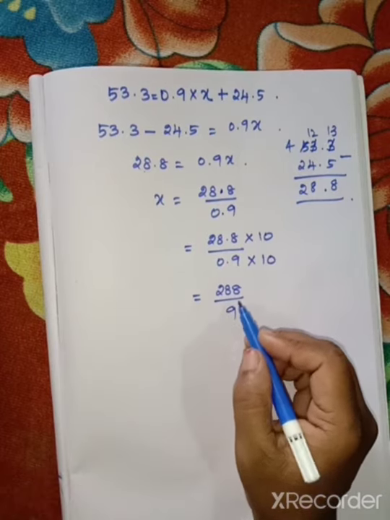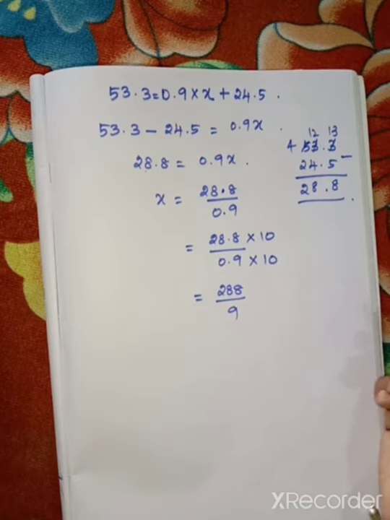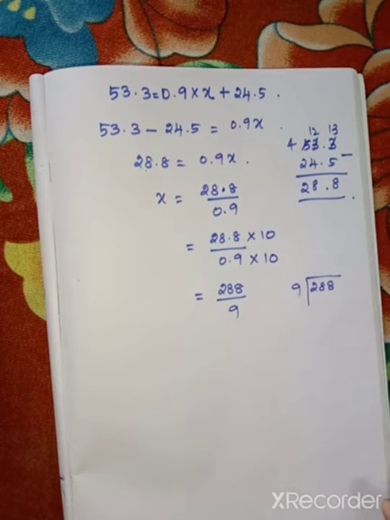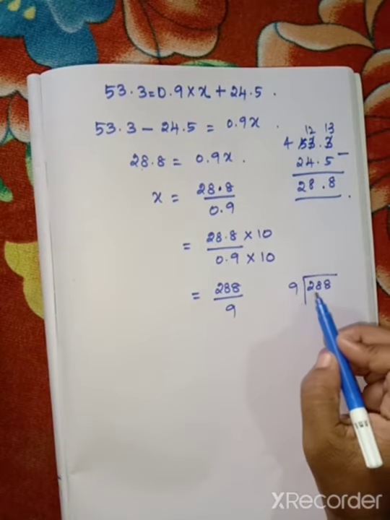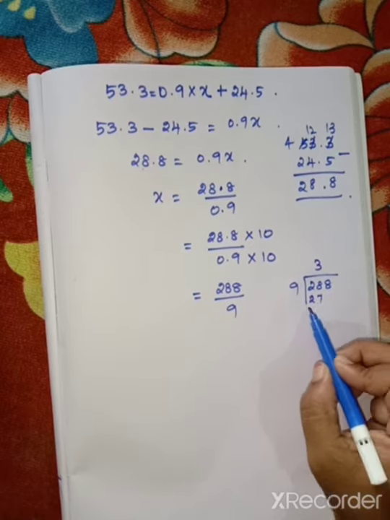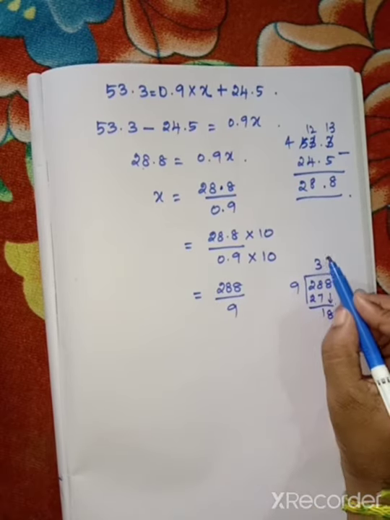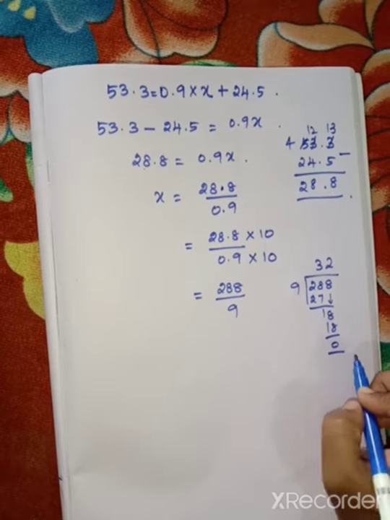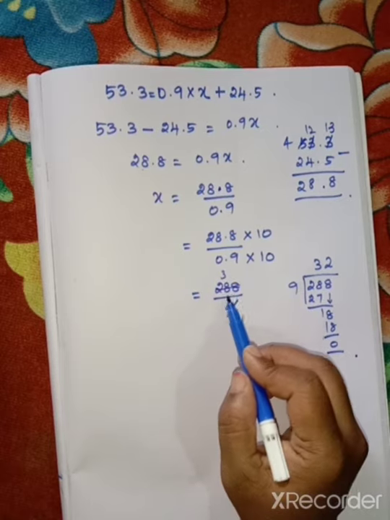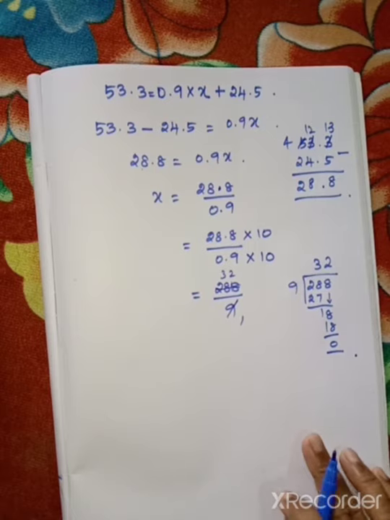You can cancel straightaway, or otherwise use the normal division. 288 divided by 9: in 28, 3 9s are 27, remaining 1, and the 8 comes down, then 18. 2 9s are 18, remainder 0. By straight cancellation: 1 9 is 9, 3 9s are 27, remaining 1, and 2 9s are 18. Likewise you have to solve.